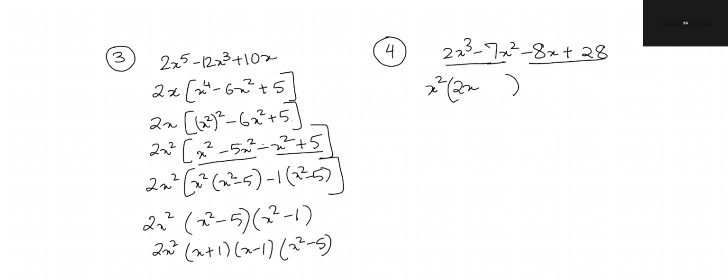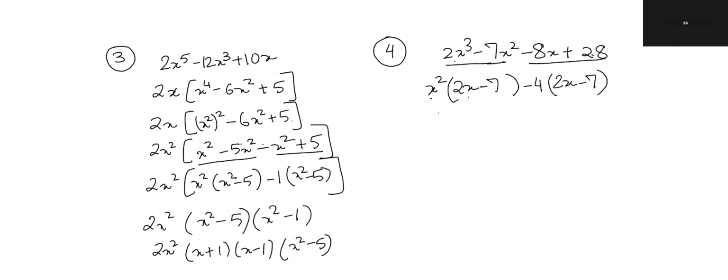So now it is 2x. If we multiply x squared to 2x, we get 2x cubed. If we multiply x squared times -7, we get -7x squared. Then we factor out 4, because 4 is the common factor in both of these terms. So remaining is 2x minus 7.